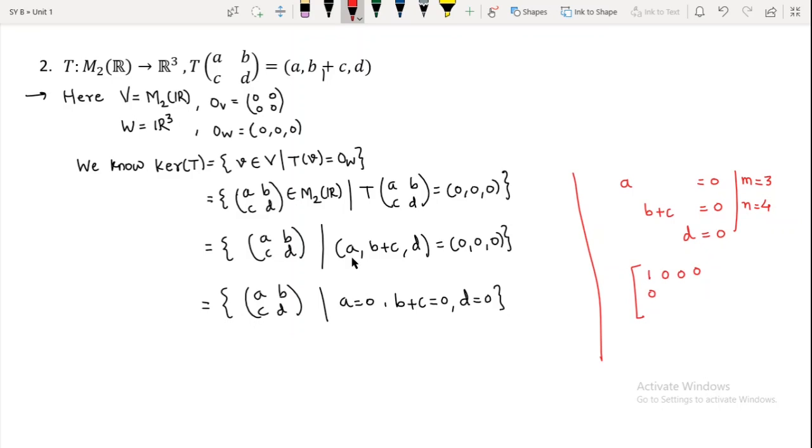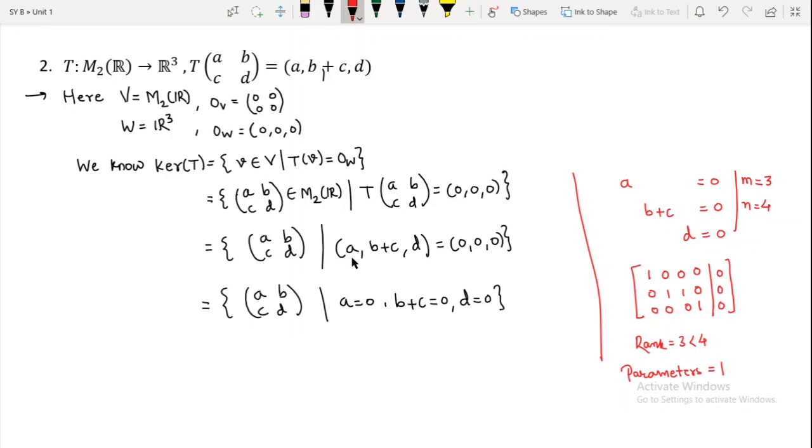Next is 0, 1, 1, 0, and the next one is 0, 0, 0, 1, such that, not such that, it is a constant matrix, right? Matrix of constants. So what is the rank in this case? So rank is 3 because it is already in echelon form. But how many unknowns are there? 4 unknowns, right? So the number of parameters that we are going to use will be 1 again.